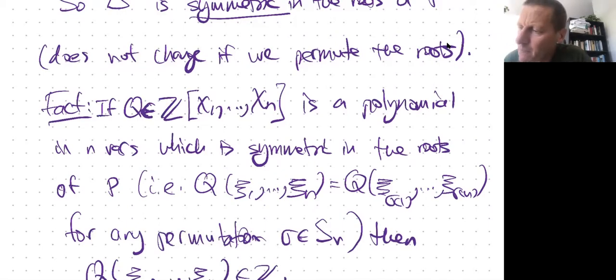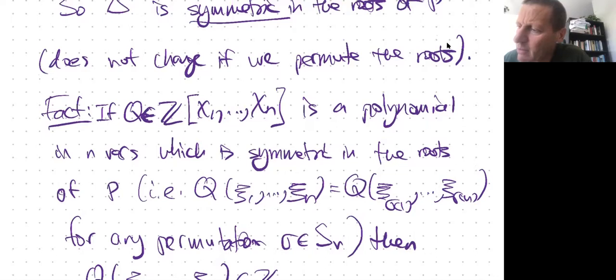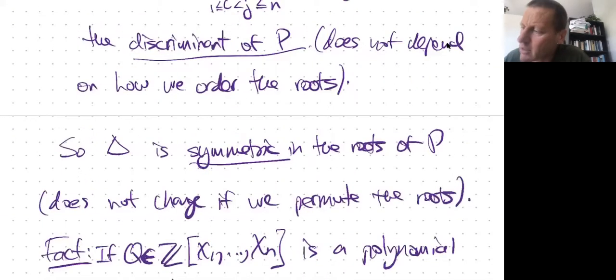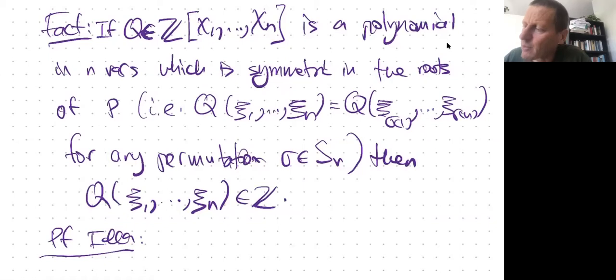Okay? So an example would be this expression here. In terms of the xi's, it's a polynomial of total degree, 2 times n choose 2, because it was squared here. So it's some polynomial with integer coefficients, and it's got this symmetry property.